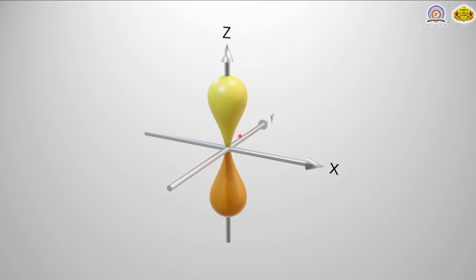And similarly, if it is oriented along the y axis, it is called as py orbital. So likewise, we have 3 p orbitals like px, py, and pz based on their orientation along the axis. If it is on z axis, it is pz, if it is on x axis, it is px, and if it is along y axis, it is py orbital.